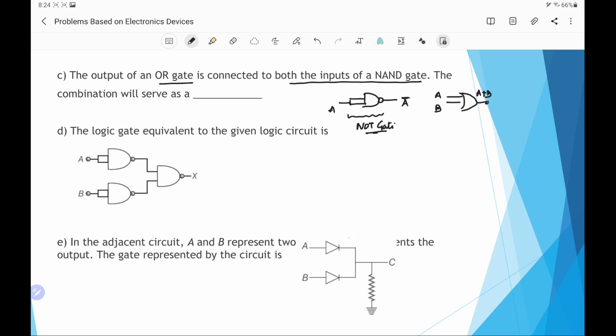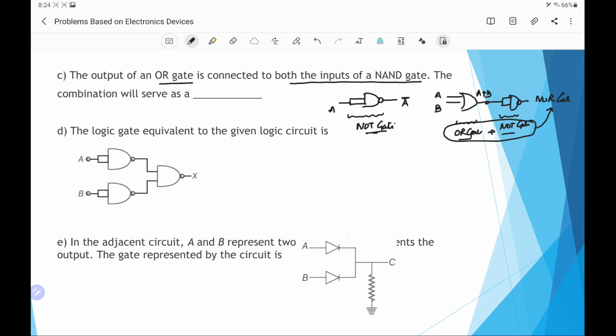And this output is given to both inputs of a NAND gate. This is the NAND gate. That means this is a NOT gate, and this gate is the OR gate. It means the output will be the output of a NOR gate, because an OR gate plus a NOT gate, this combination will act as a NOR gate.